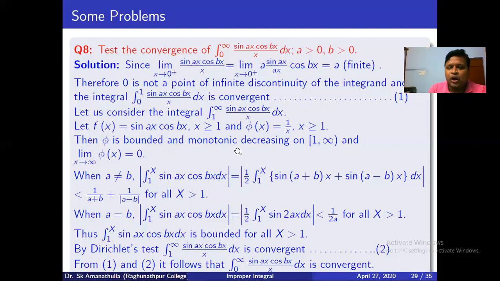Then phi(x) is bounded, monotonic decreasing on that interval, and the limit as x tends to infinity of phi(x) equals 0. And also the modulus of the integral from 1 to X of f(x) dx, that is sin ax cos bx dx, is bounded for all X greater than 1.